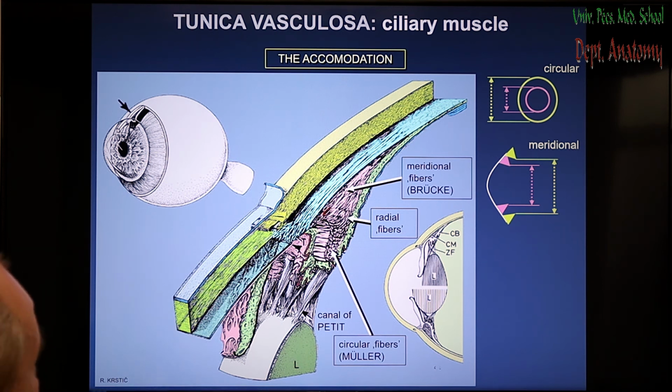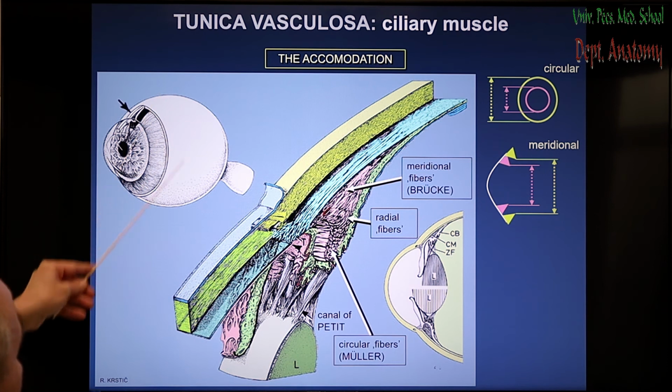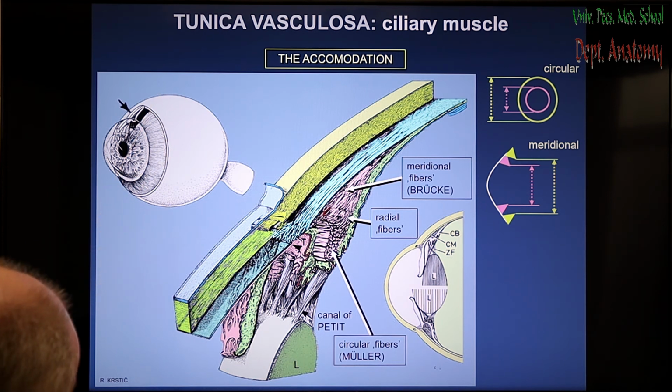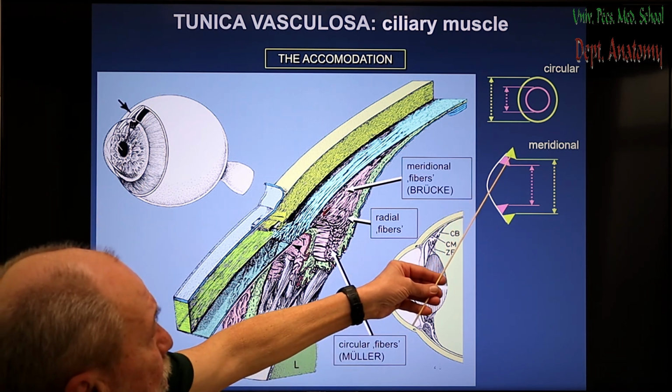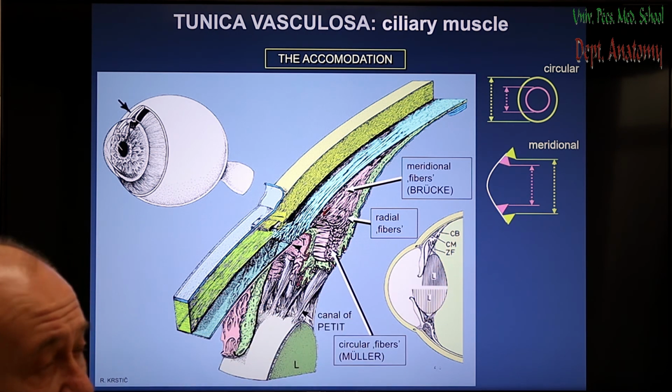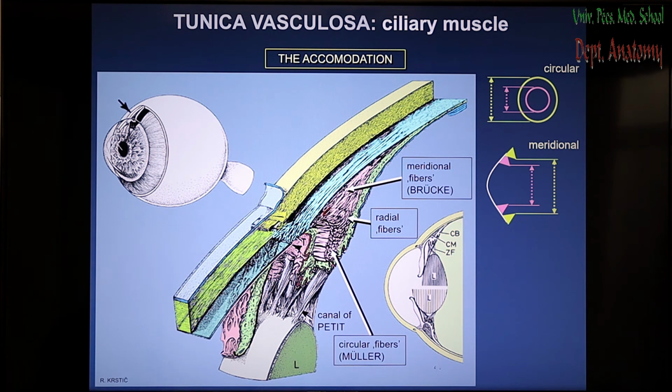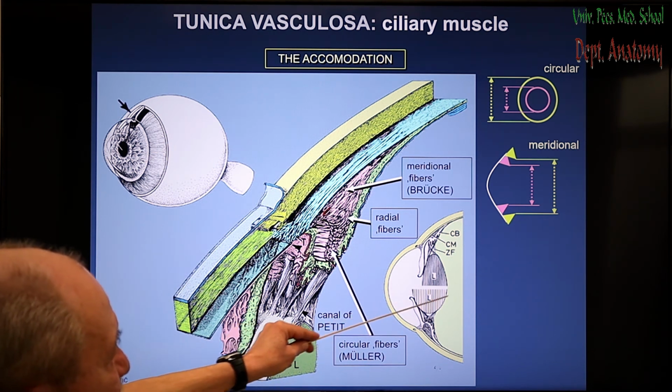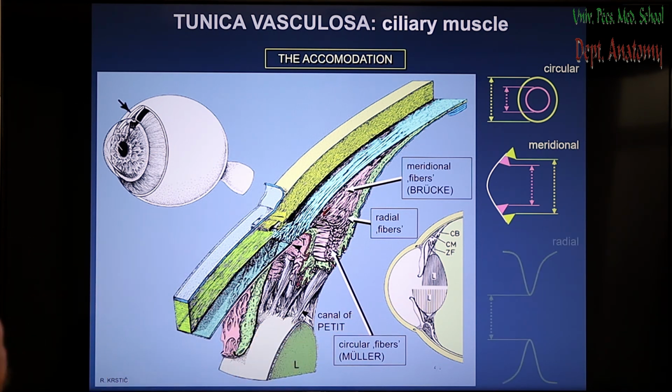So the biggest diameter it has is in the frontal meridian. By pulling the whole ciliary muscle anteriorly, of course the diameter of it again becomes smaller, and that ends up with the more convex lens.